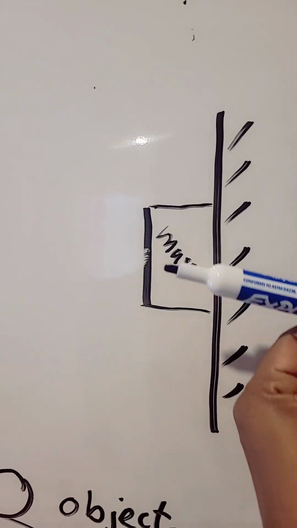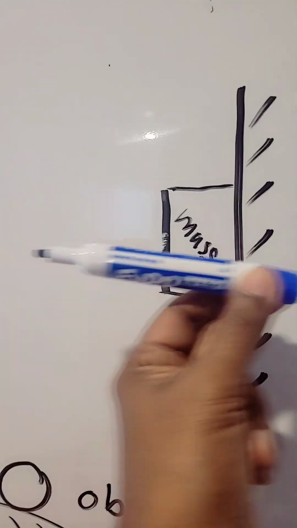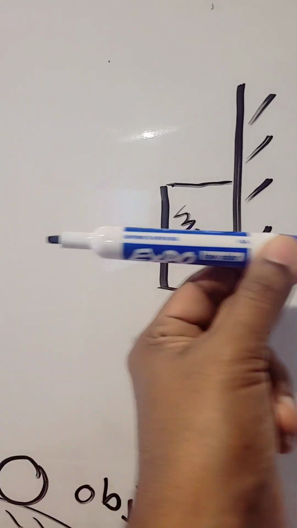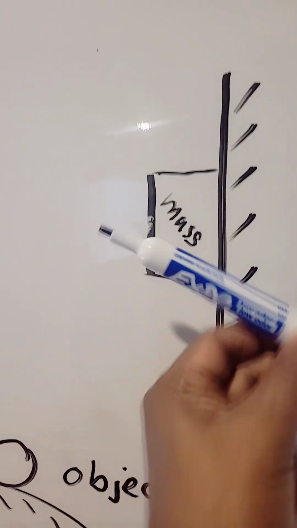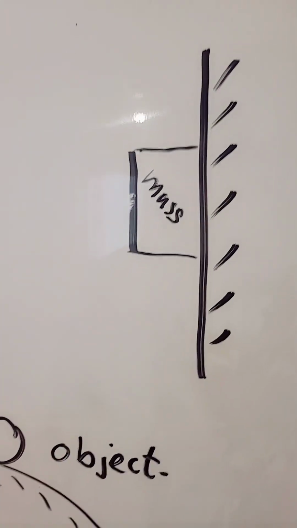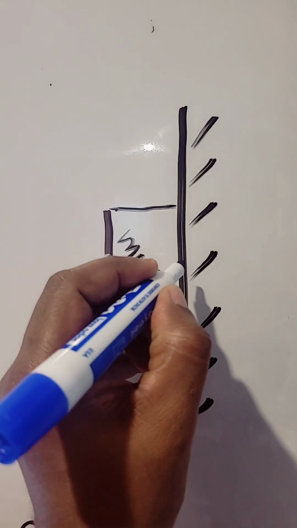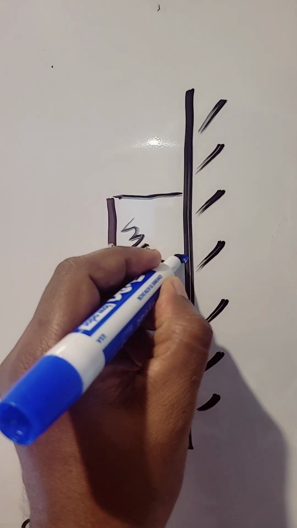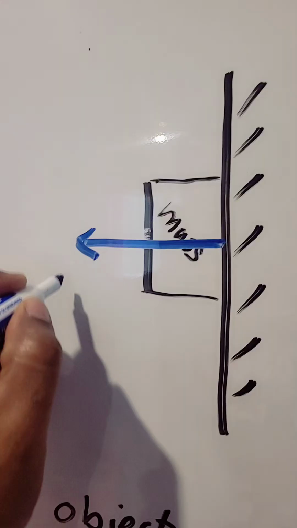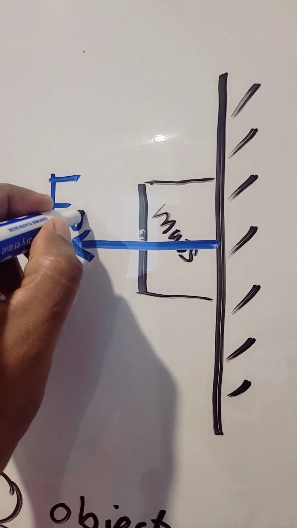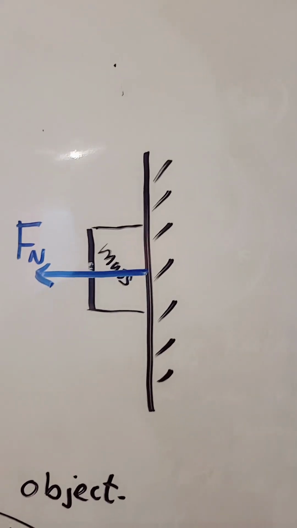It's a contact force, and the surface is pushing on the object, perpendicular to the surface. This is the surface. So the correct way to draw the normal force vector on the mass is in this direction, F of n, normal force. That's how you do that.